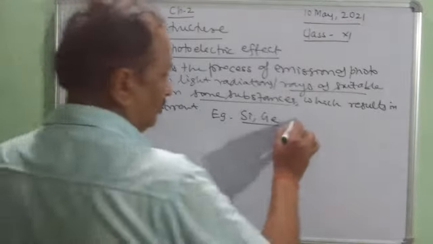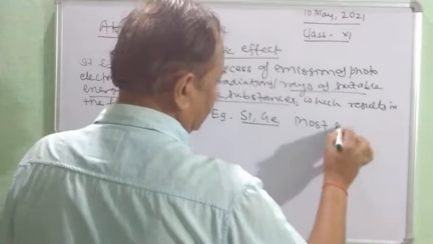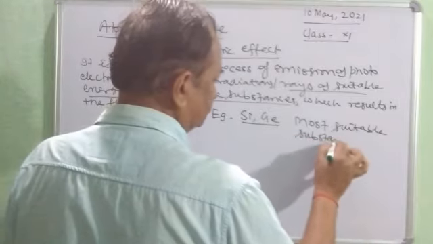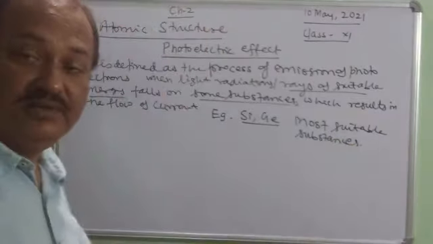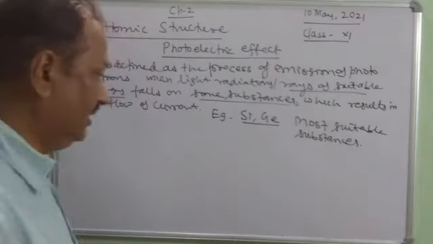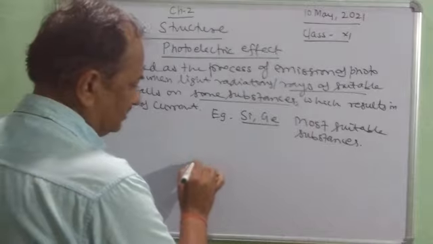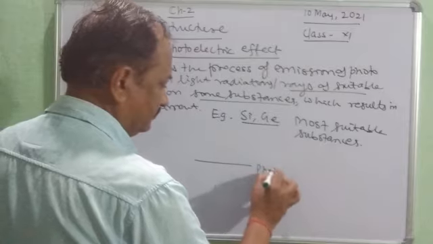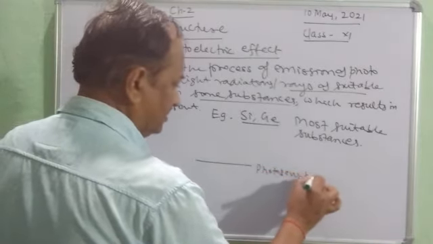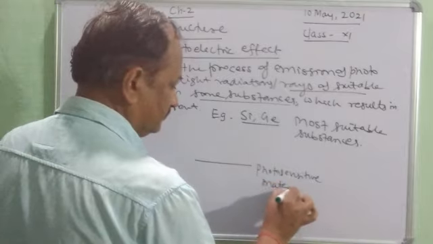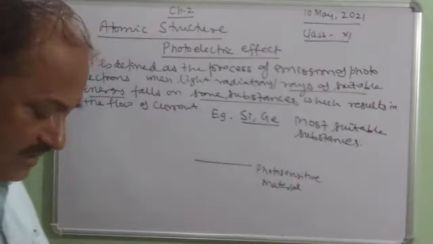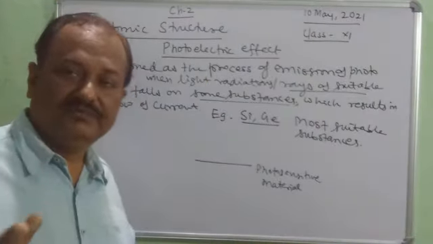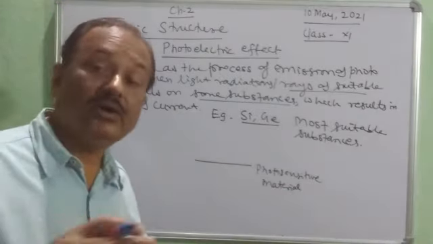So they are the most suitable substances. Now, how to demonstrate? Actually, children, see that this is the photosensitive material, and let the incident rays be from sunlight or from a tube light or bulb, anything, or ordinary light.